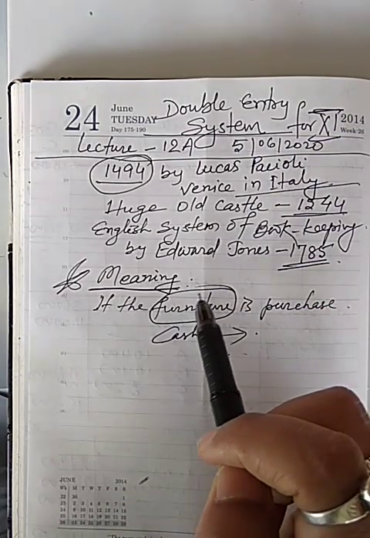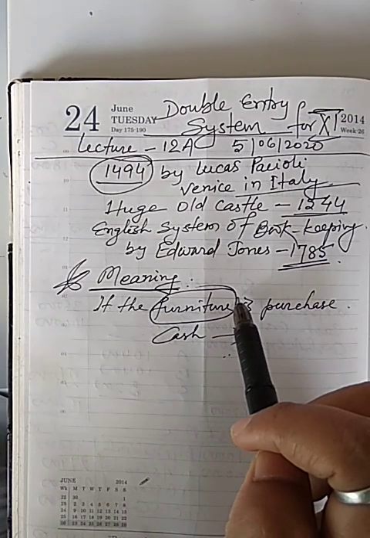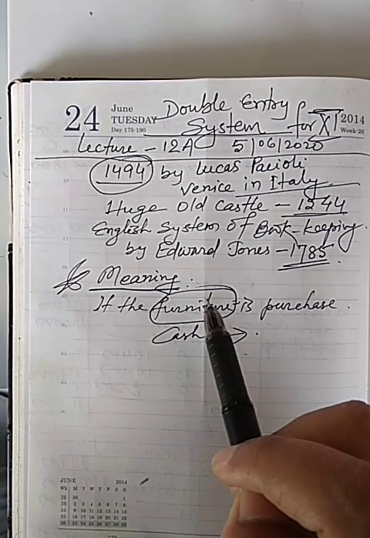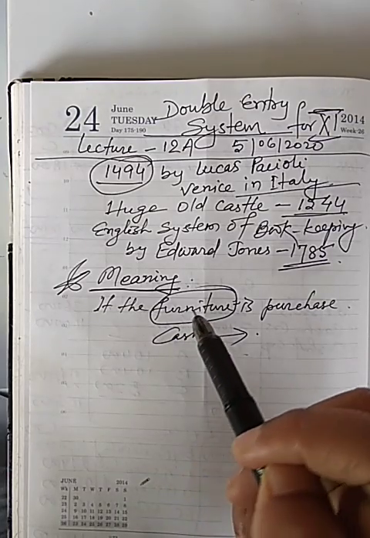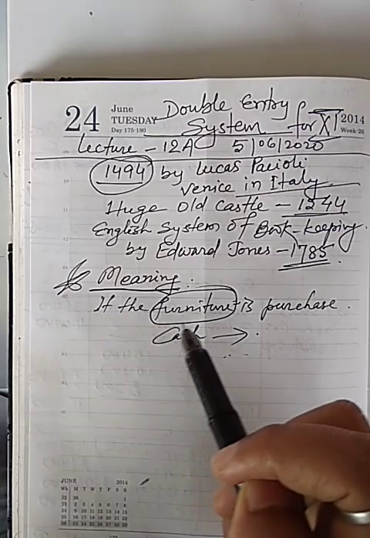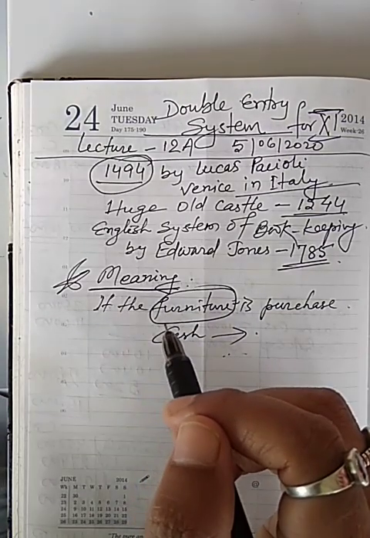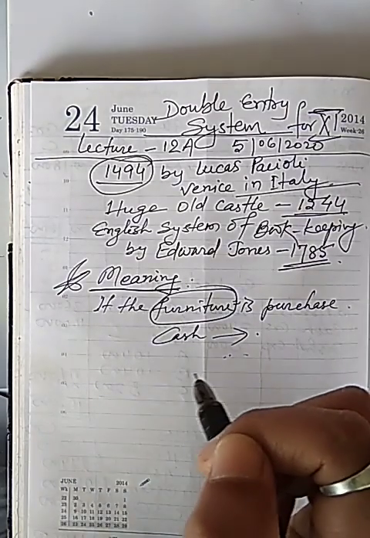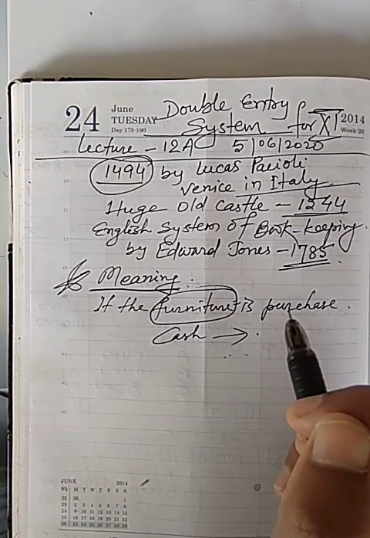At least two accounts are affected by a transaction, one account receiving a benefit and the other account yielding a benefit. The person or the account receiving a benefit is debited, and the person or account who gives something to the business is credited.